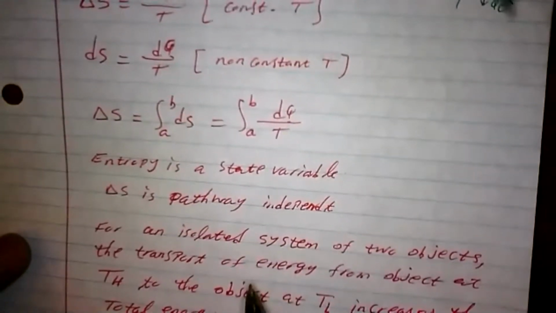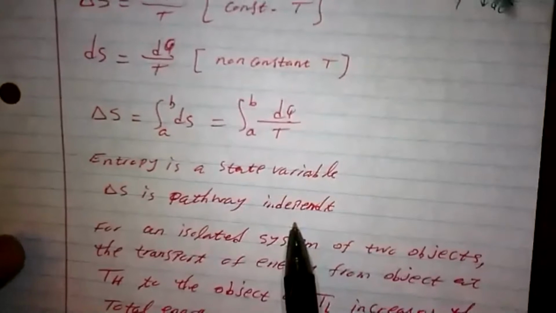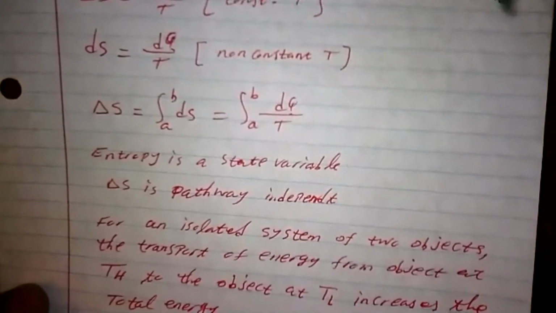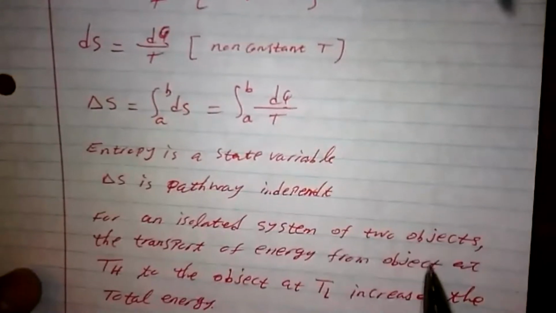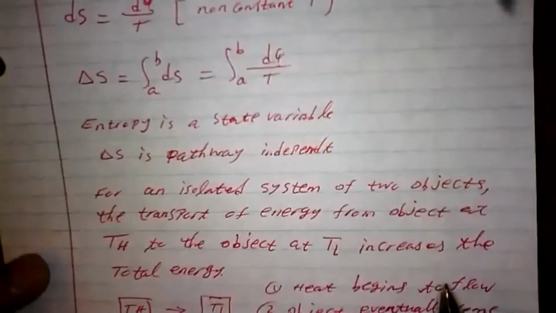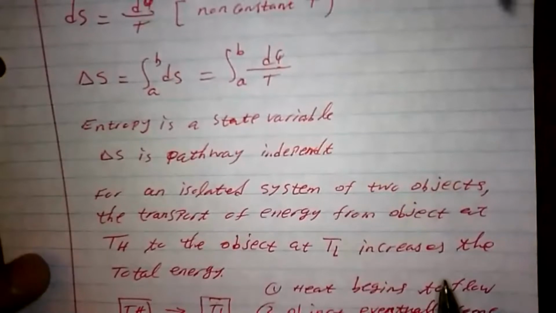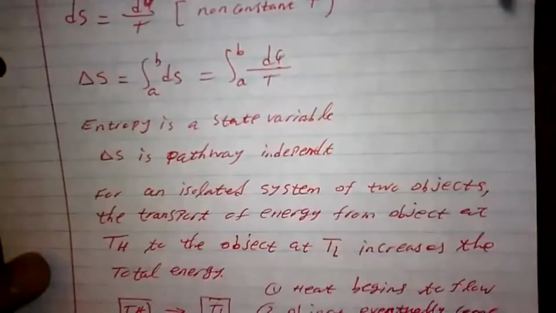So it can be directed in any direction. For an isolated system of two objects, the transport of energy from the object at high temperature, that we're dealing with a thermodynamic cycle, correct?